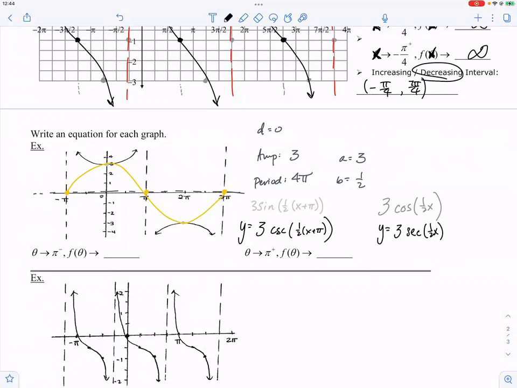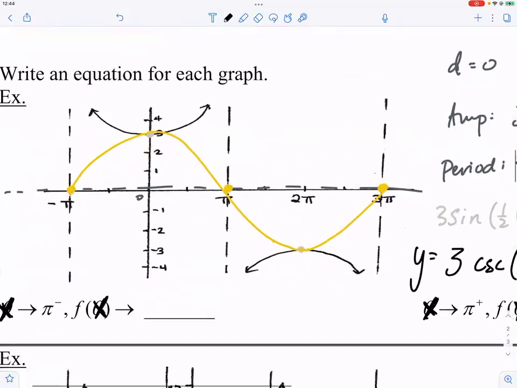Okay, so now again, we don't have theta. Let's go ahead and overwrite the theta with the letter x, and answer these 2 questions. As x goes to pi from the left, now we are talking about the actual graph that's printed on paper, so let me erase this yellow line right here.